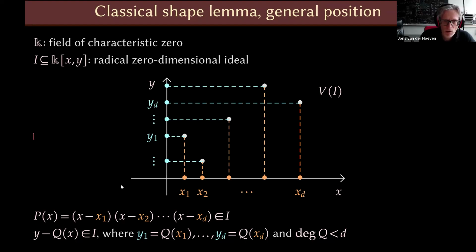So the ideal is going to be generated by two things, which are this polynomial p of x and this polynomial y minus q of x. And this is the generic situation for a radical ideal.